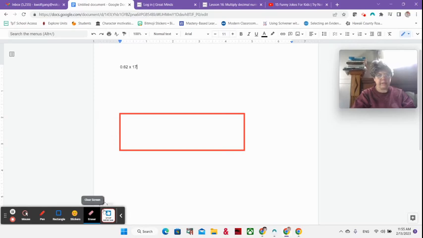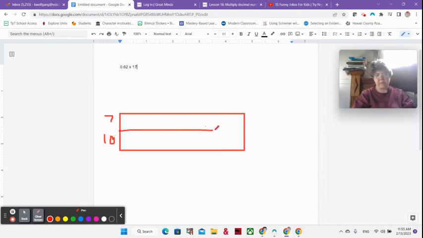Okay, let's pick up the pen. 7 and 10, because 17 has 7 ones and 1 in the 10th place, so that's 10. Okay, so we need to split those up. And like I said earlier, you could do 7 on the top, 10 on the bottom, or 10 on the top, 7 on the bottom.